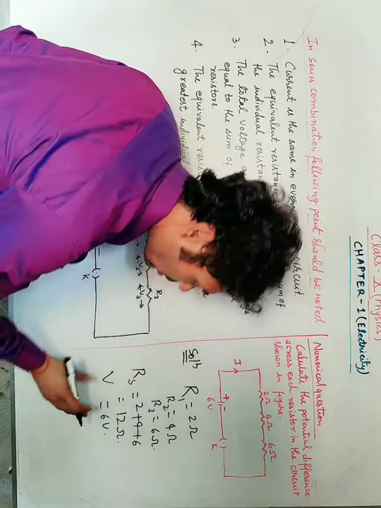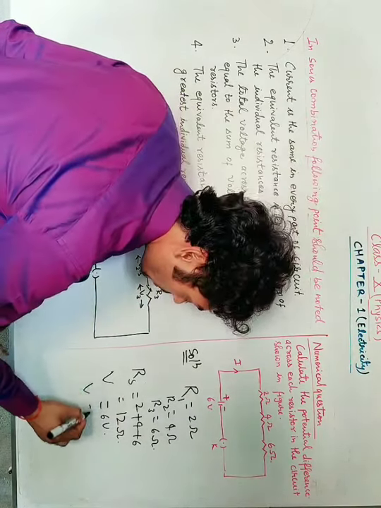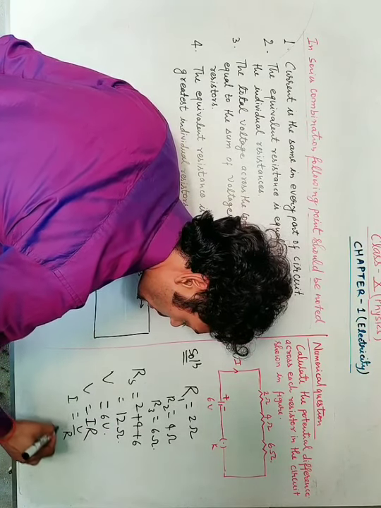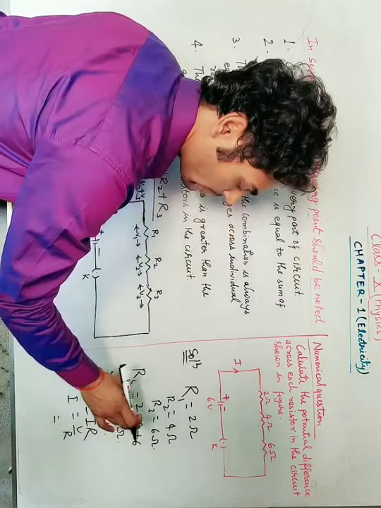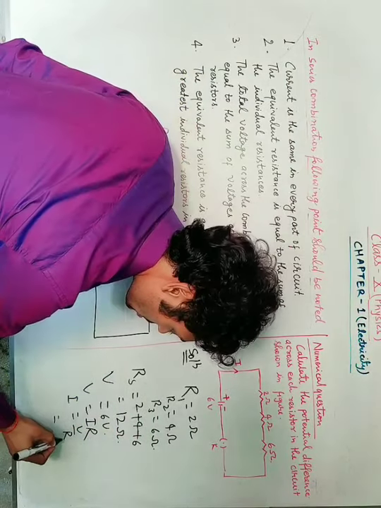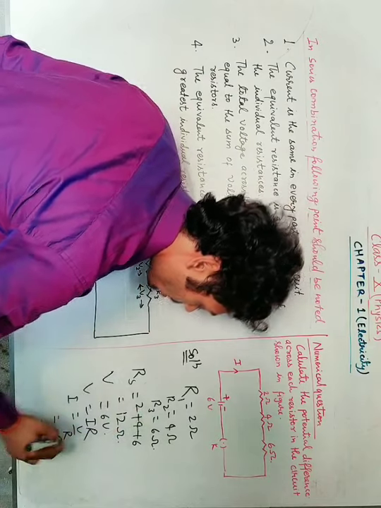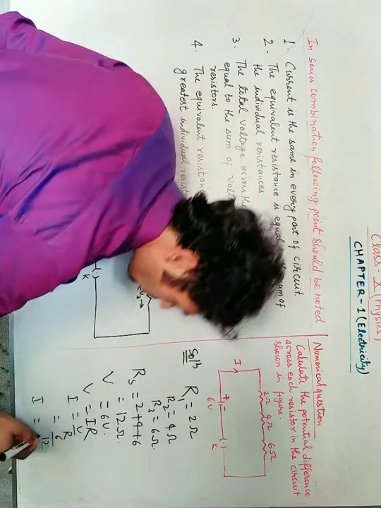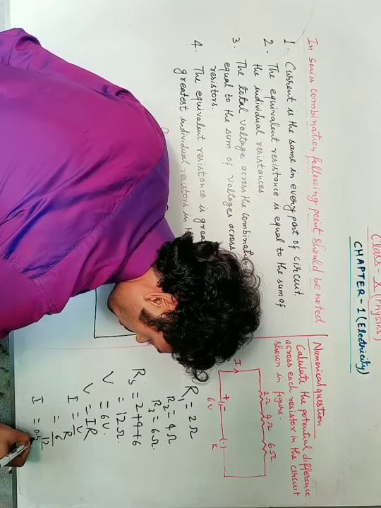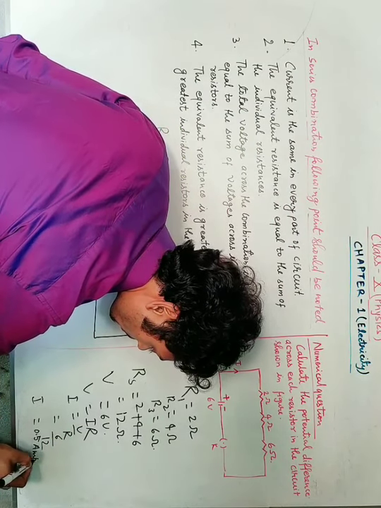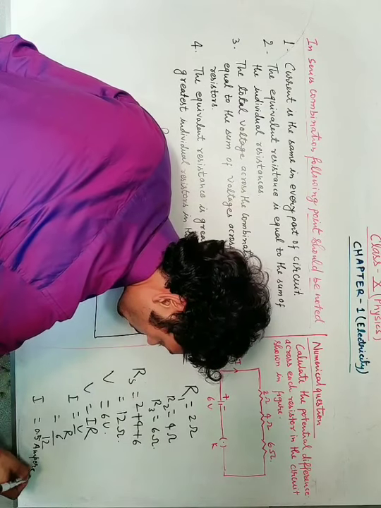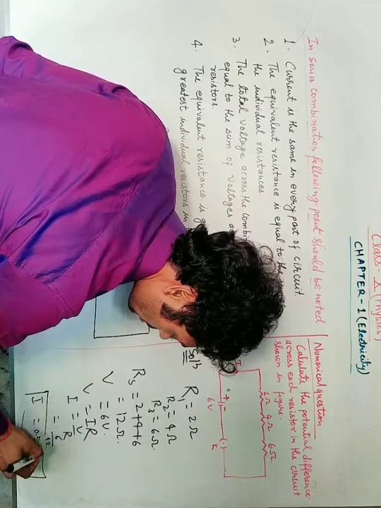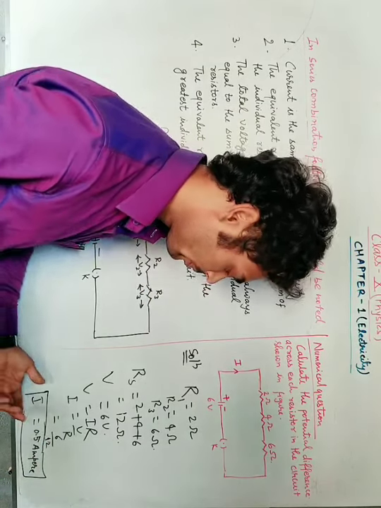According to Ohm's law, V equals IR, so I equals V by R. Here V is 6 and R is 12. So the current flowing through this circuit equals 0.5 ampere.